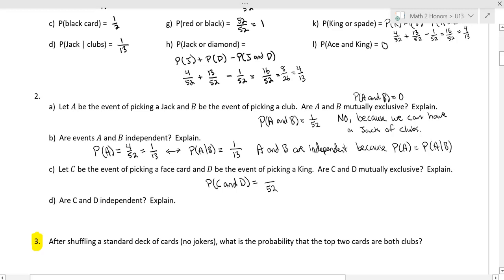And how many face cards are there? Well, you got your Jack, Queen, King for each of the 4 suits. So we got 12 face cards. And notice that in counting those face cards, your kings are included in those 12. So we don't want to double count. There's 4 kings, but those 4 kings are part of the 12 that we already counted. So it's just 12 out of 52. Either way, this is not equal to 0. And so because the probability of C and D is not 0, that means they're not mutually exclusive.